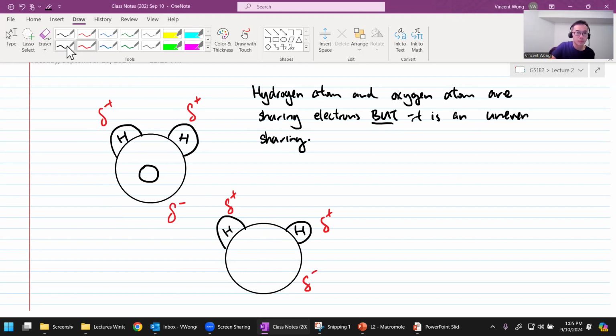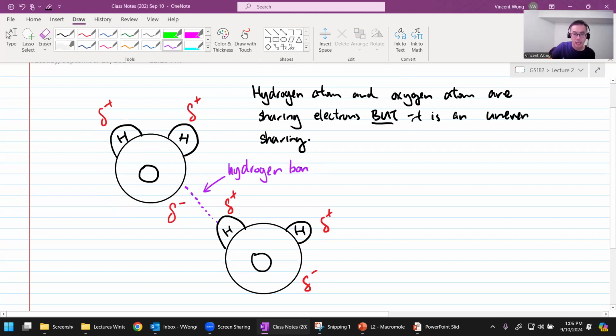If you put 2 water molecules next to each other, the slightly positive hydrogen of one molecule is attracted to the slightly negative oxygen. This attraction allows water molecules to cling to each other, and this is what we call a hydrogen bond. We'll talk about hydrogen bonds a lot. You can think of a hydrogen bond as a kind of glue between molecules. They allow the water to cling together.